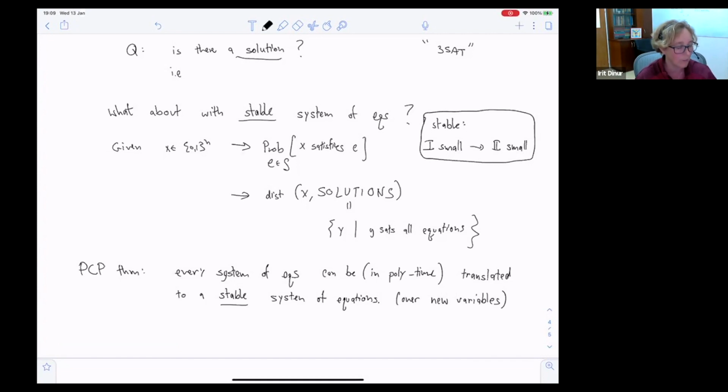But this is a much stronger theorem. It's talking not only about linear subspaces, it's talking also about NP-hard sets, like the set of solutions. Being an NP-hard set means that we don't understand it. We have no way of understanding if it's an empty set or not. Nevertheless, we can transform the defining equations into a stable, or sometimes people say robust, system of equations.